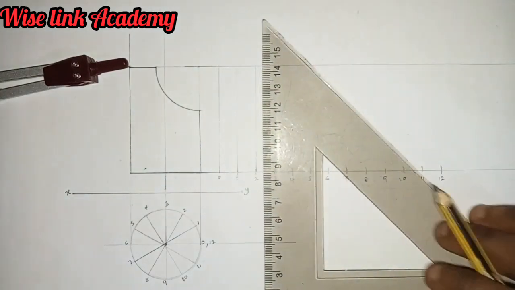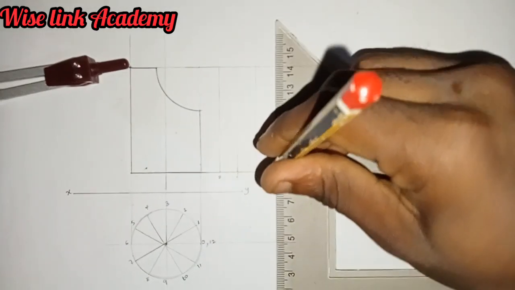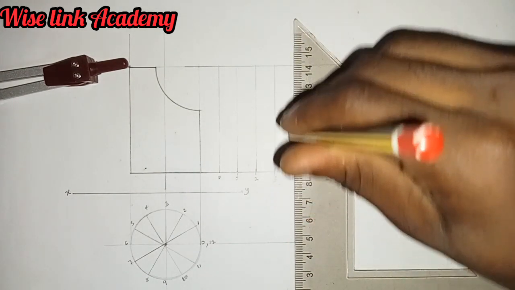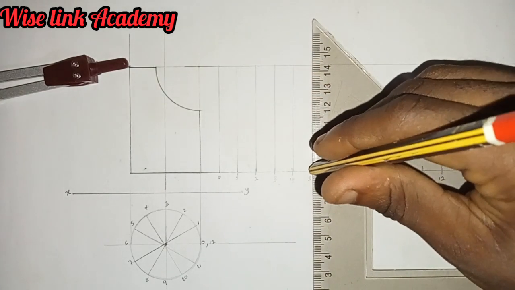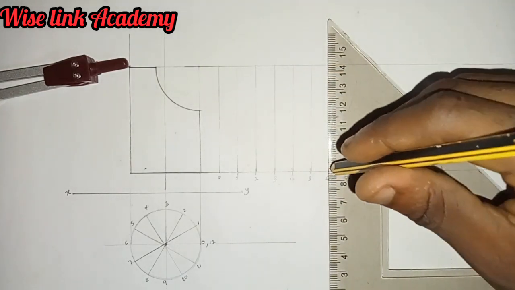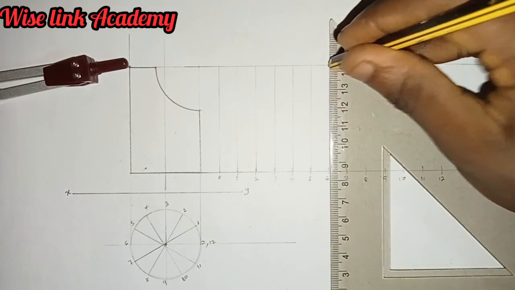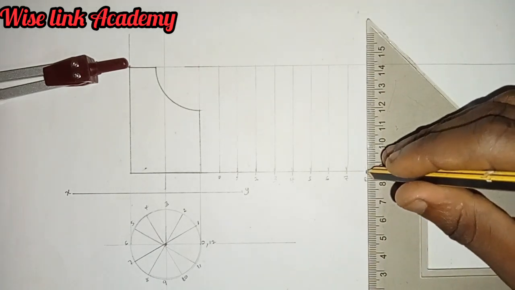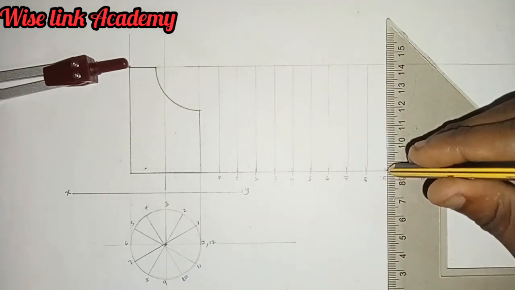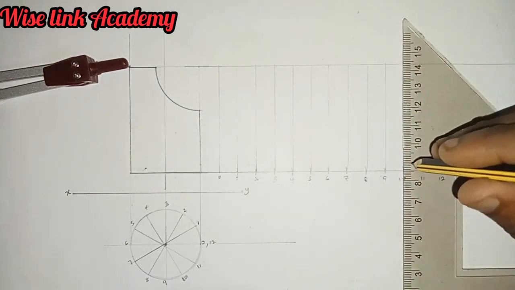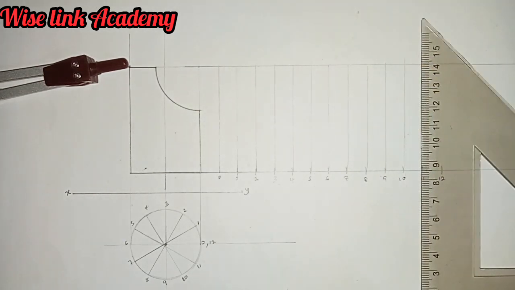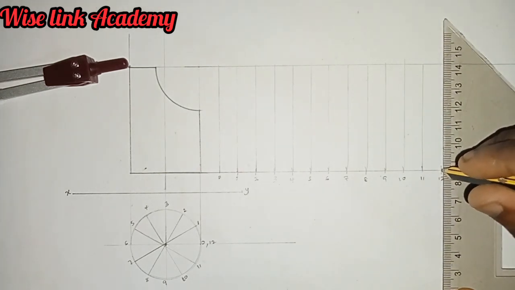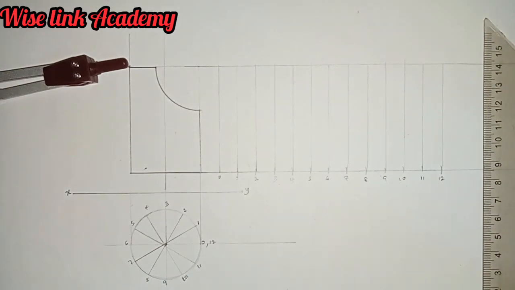This one upward, 3 upward, 4 upward, 5 upward, 6 upward, 7 upward, 8 upward, 9 upward, 10 upward, 11 upward, and finally 12 upward.